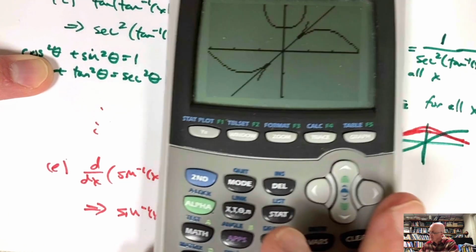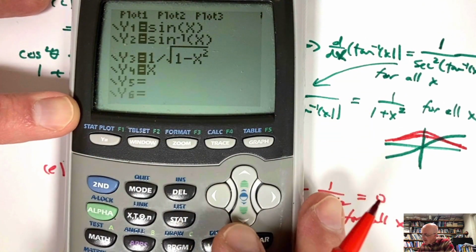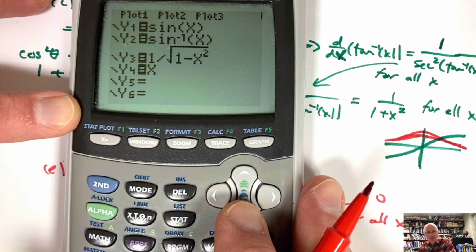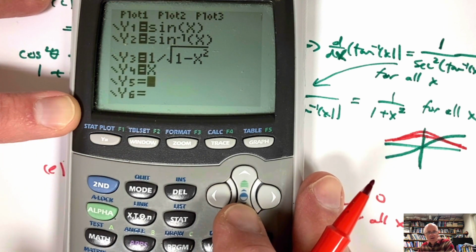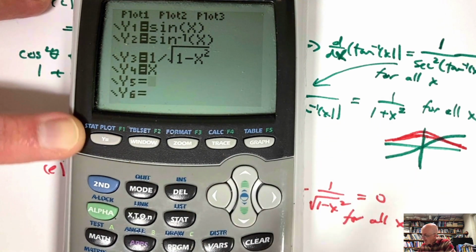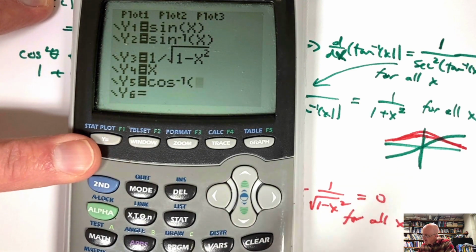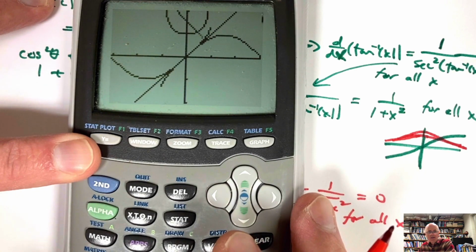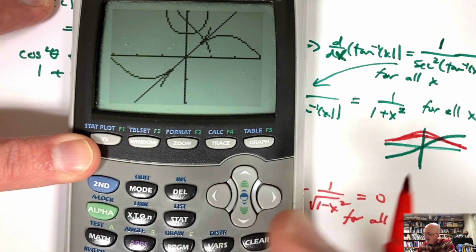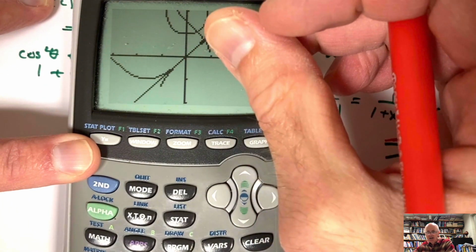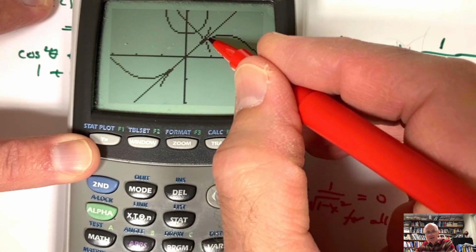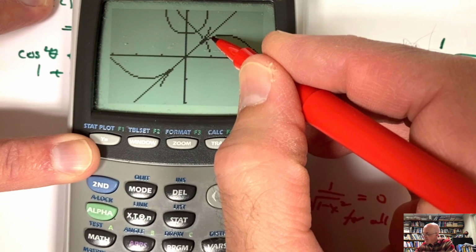What does the graph of inverse cosine look like? Let's add that to the picture, although it's going to go off the screen a little bit. Inverse cosine of x. There it is. It's the reflection of the inverse sine graph across a horizontal line right here.